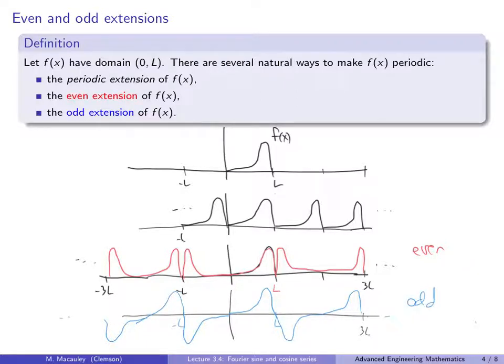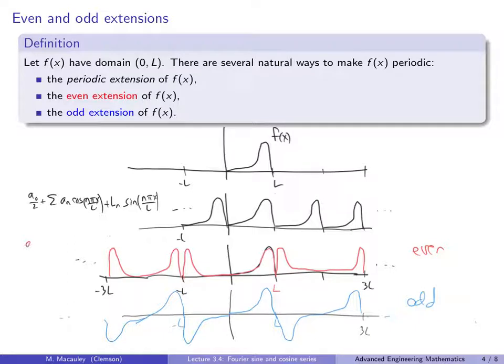So now the original cannot be represented as a Fourier series, because it's not periodic. It's just a little blip. But the periodic extension, if we wanted to represent it using a Fourier series, is not even nor odd. It's going to contain both sines and cosines: a_n cosine of n pi x over L plus b_n sine of n pi x over L. However, the even extension, because we have forced it to be an even function, is only going to contain cosines.